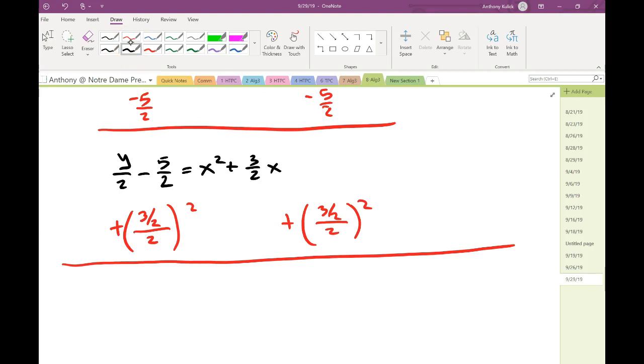So what does 3 over 2 over 2 really mean? It's really the same thing as 3 over 2 divided by 2, right?